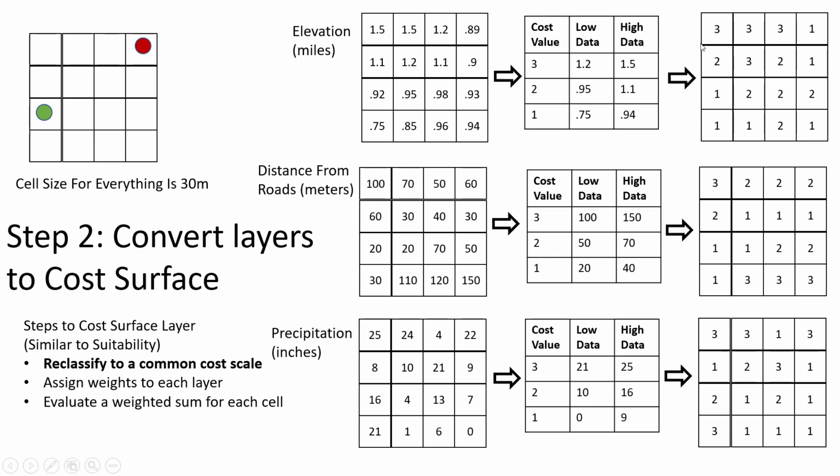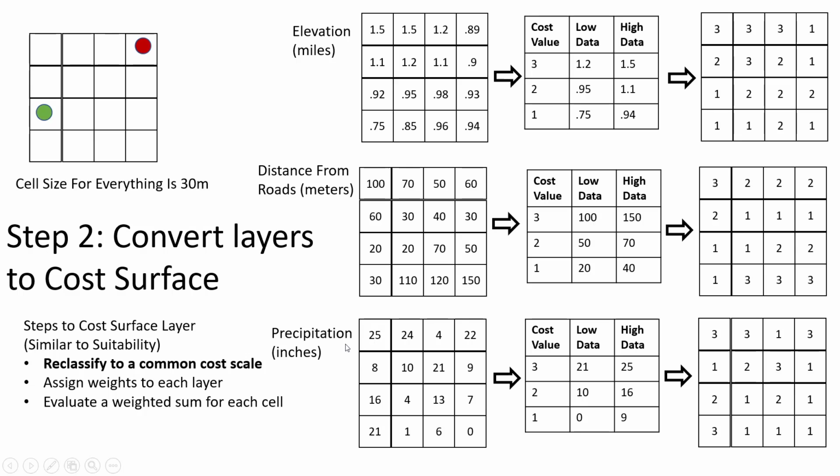Therefore, the output is going to be a cost value of 3, right? For this pixel here, same concept, right? We feed it into the reclassification. Its value is between 0.75 and 0.94. Therefore, it's going to have a cost value of 1 in the final output.